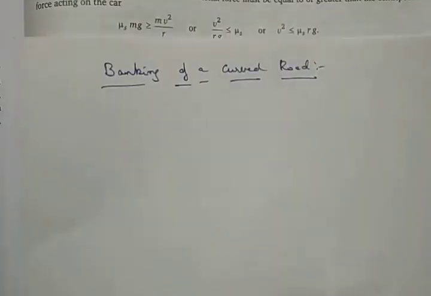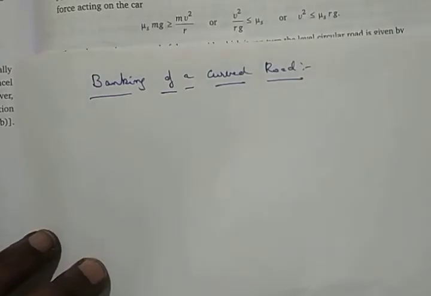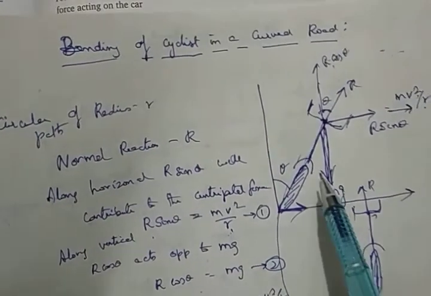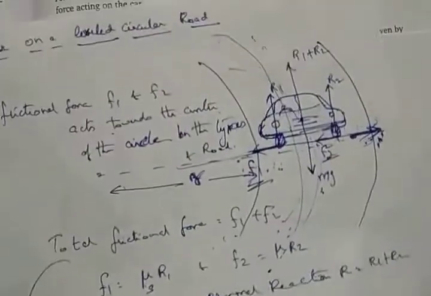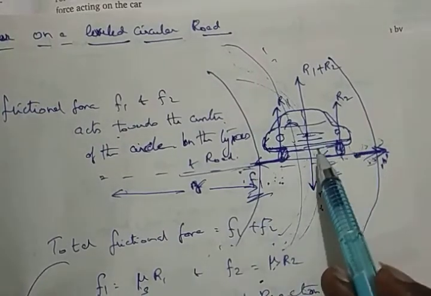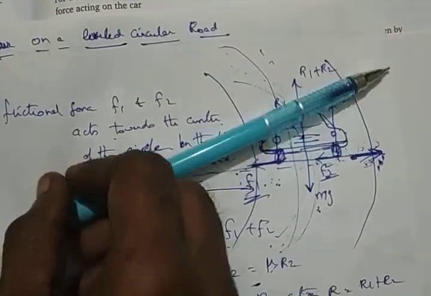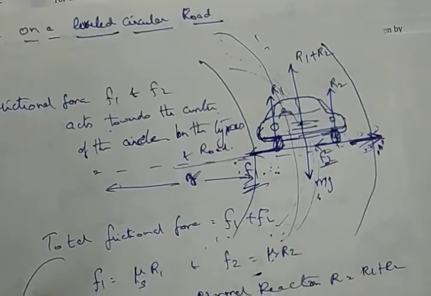Now, as we go to the next one, banking of a curved road. What does banking of a curved road mean? When you are going on a cycle, you are able to bend nicely. But when you are going in a car, you are not able to bend. Had it been tilted a little bit, then it could have a bigger velocity.